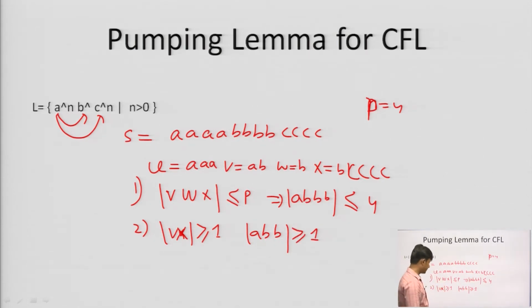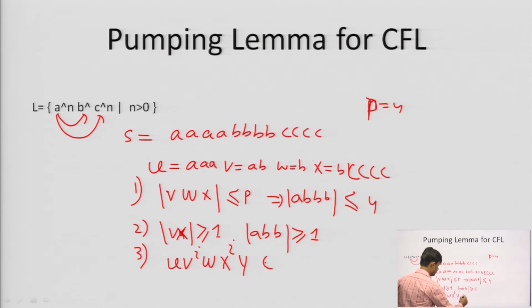This third property is saying that U V to the power i W X to the power i Y belongs to L for all i. So, i may be 1, may be 2, may be 3, may be 4 or any value of i.